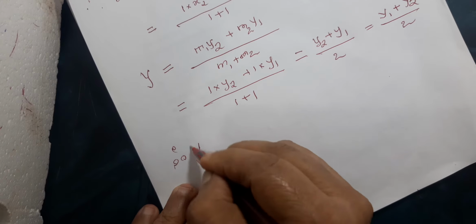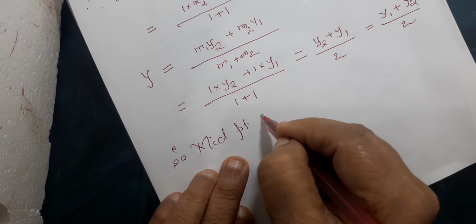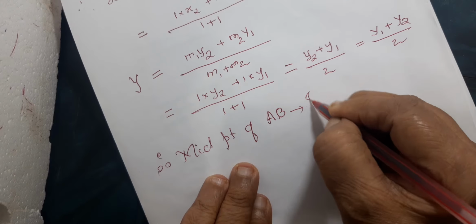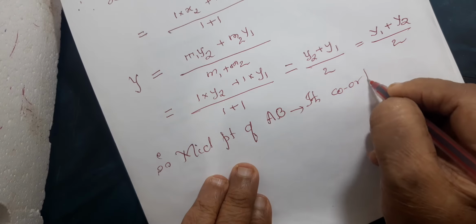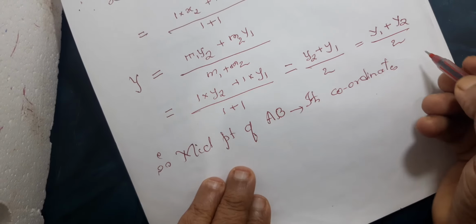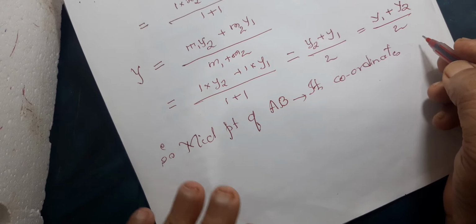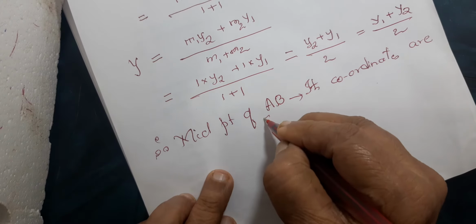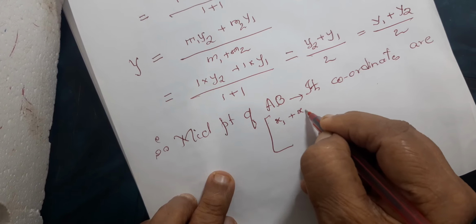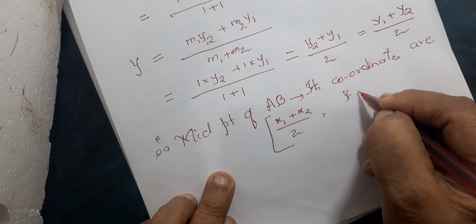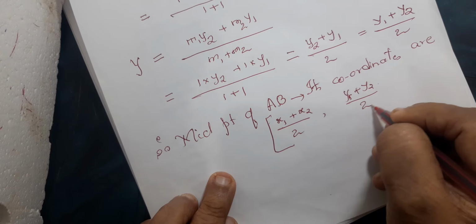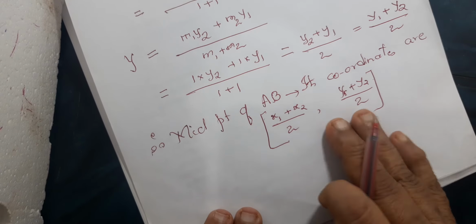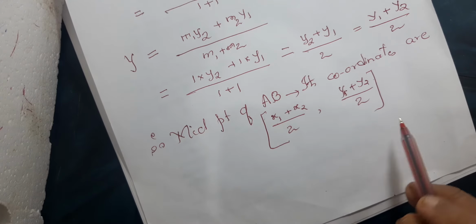Therefore, the midpoint of any line AB, its coordinates are very easy to remember, but of course study is very important. Its coordinates are, in brackets, x1 plus x2 by 2 and y1 plus y2 by 2. You must remember this because they ask in the MCQ.